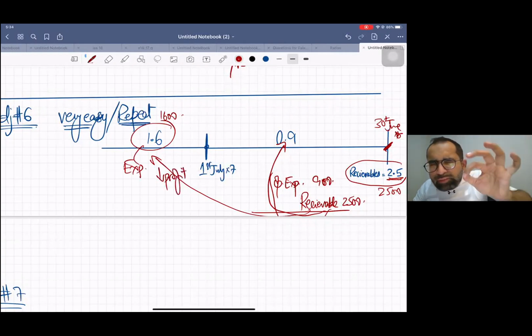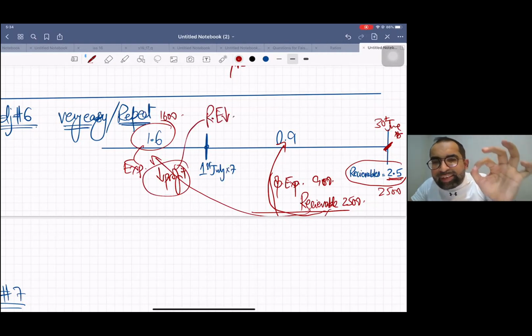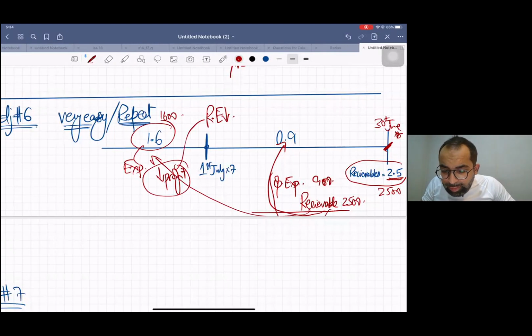When we book this 1,600 as an expense last year, last year's profit will go down, and when last year's profit goes down, our opening retained earnings will go down. So see the entry: we'll debit retained earnings by 1,600. So this is the only entry.